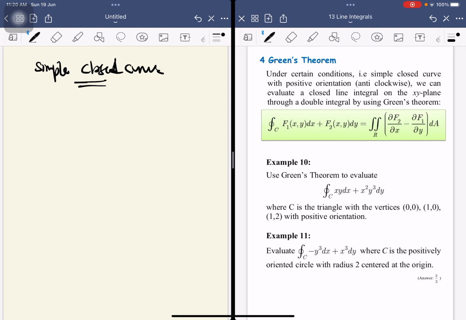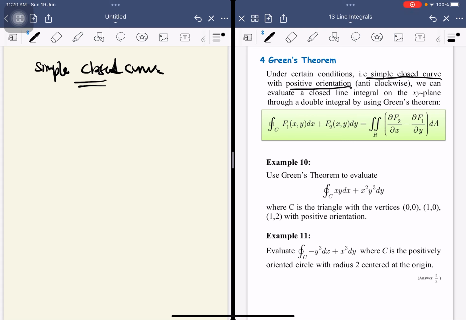So where do we apply Green's theorem? Under certain conditions, we can apply Green's theorem whenever we have a simple closed curve with a positive orientation. What it means by positive orientation is that it should be in the anti-clockwise direction.